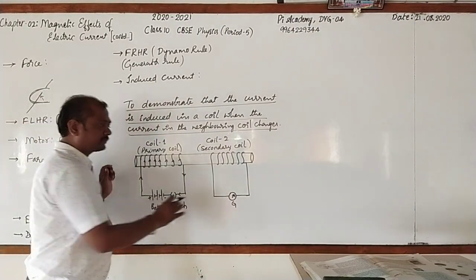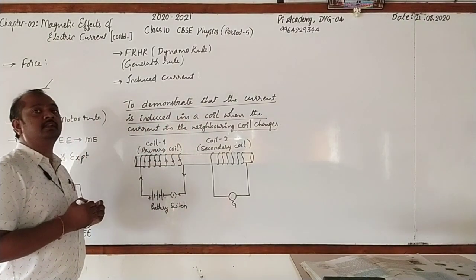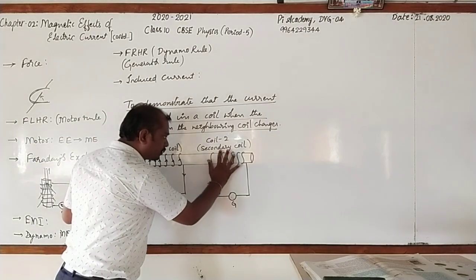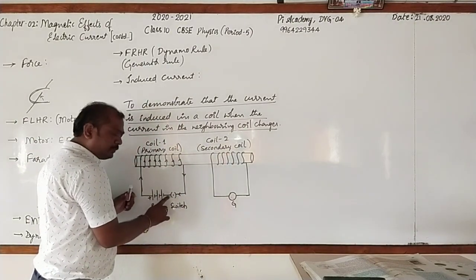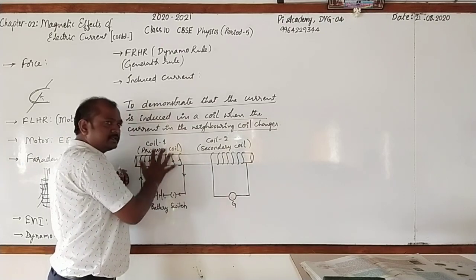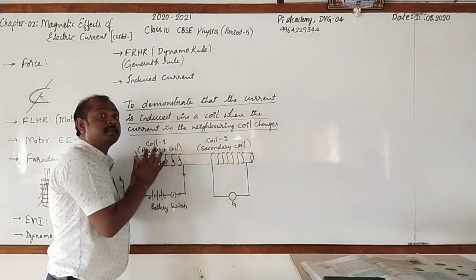Why? That can be known by observing the deflection of the needle in the galvanometer. The reason is, when you pass electric current through the first coil, whatever magnetic field is developed, this coil will be present under this field.